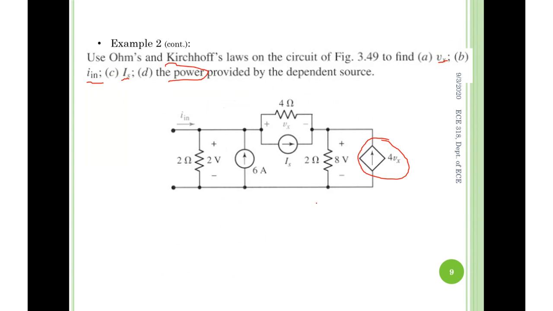The power of this guy is simply equal to the product between the voltage and the current of it, right? The current of it is 4Vx. This is, again, basic knowledge about dependent sources. What's the voltage across this guy then? Anyone knows?